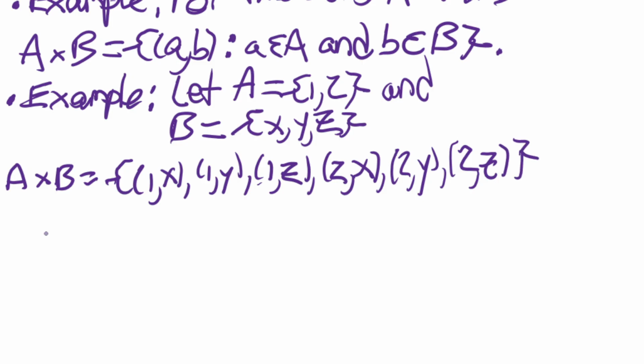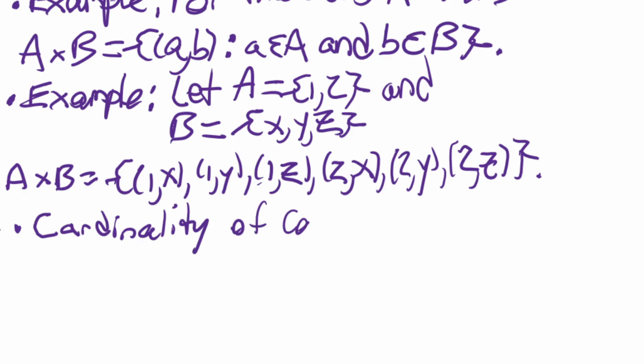So basically imagine like back in algebra you may have learned about foiling. So imagine you're looking at set A and you're distributing 1 to all the elements of B and making ordered pairs, and the same goes for 2. The last note to make here is for cardinality of Cartesian products.